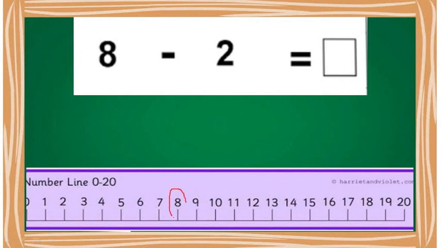Make a circle around 8. Now move 2 steps backward on the left side of 8. 1 and 2. Stop. Where do I reach? I reach at number 6. So 8 minus 2 is equal to 6.